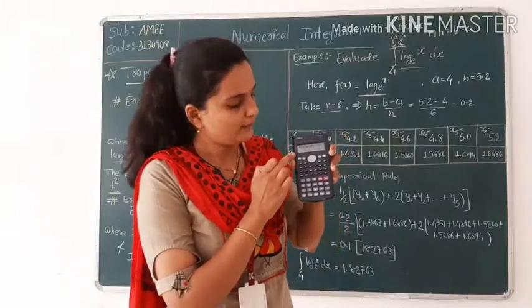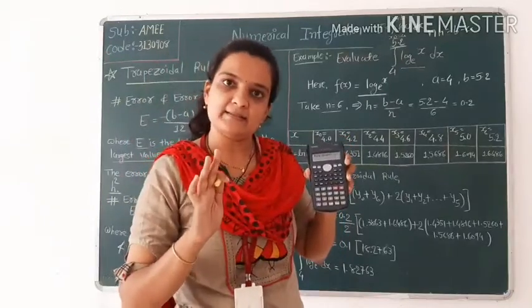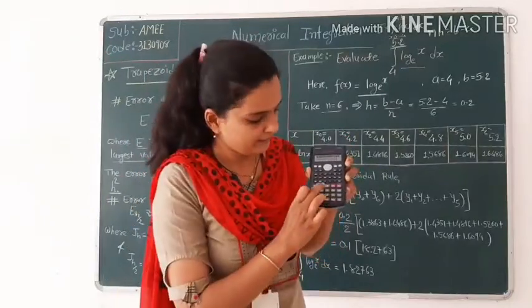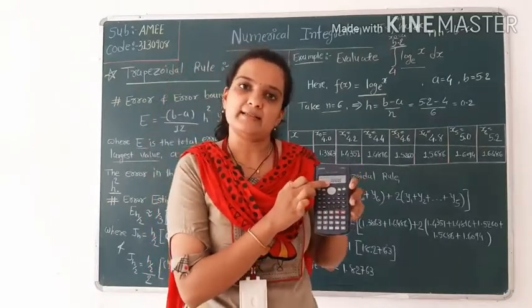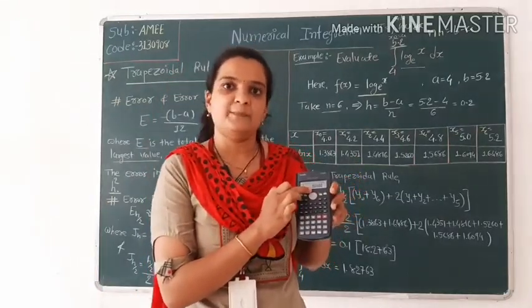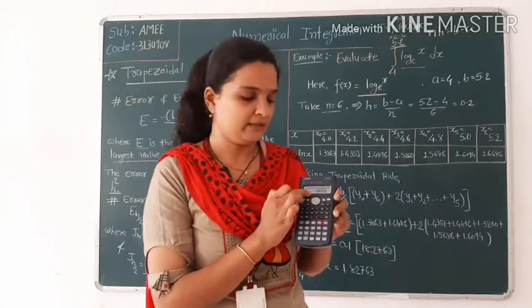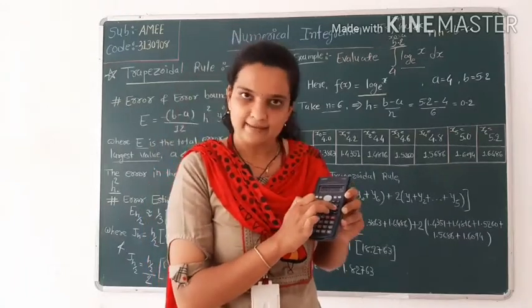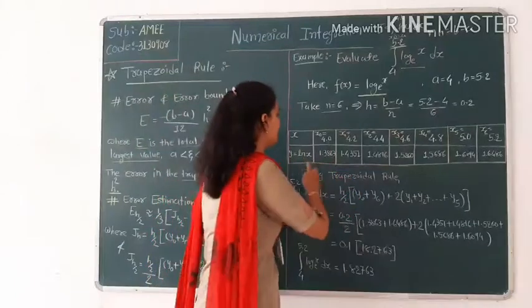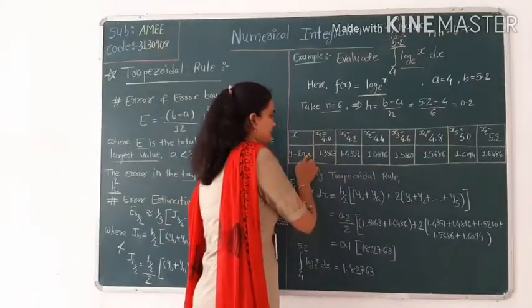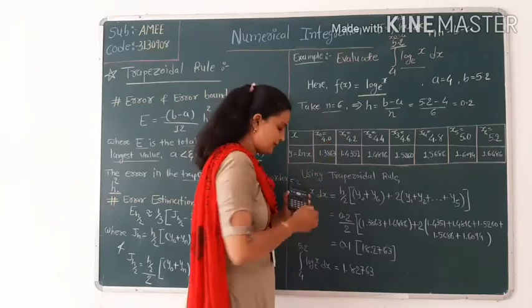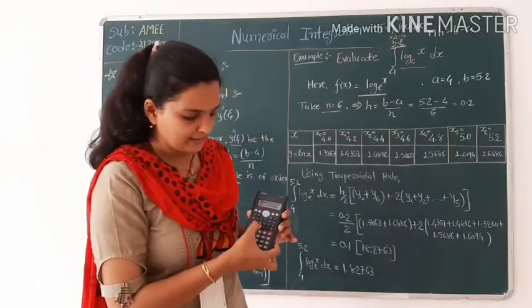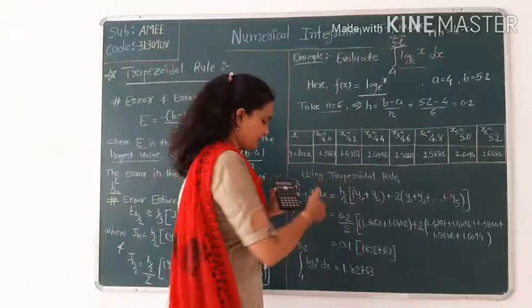So we fix 4 decimal places, using number 4 to fix our calculator to 4 decimal places. Now using the calculator and the ln key, we find the first value ln x, where x is the first value 4. So in the calculator use ln in bracket, first value is 4.